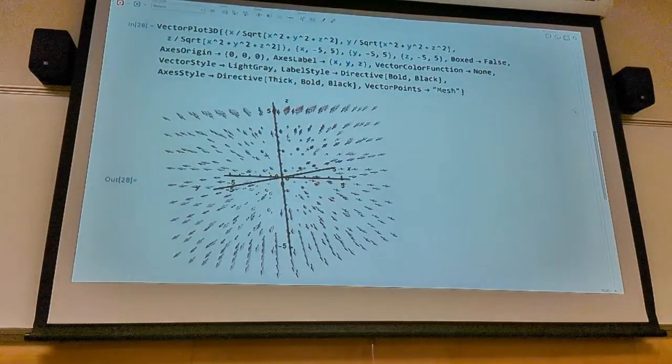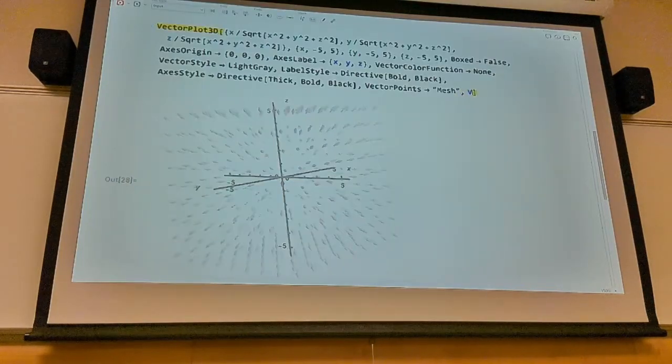I thought there was a way I could not make them 3D. What if I do this? Yes, arrow, thank you.